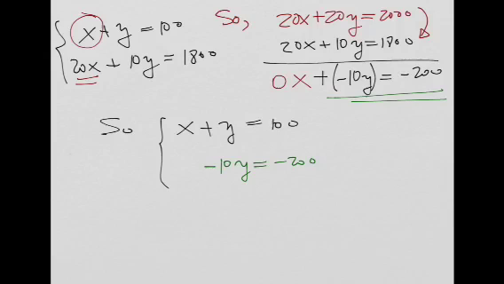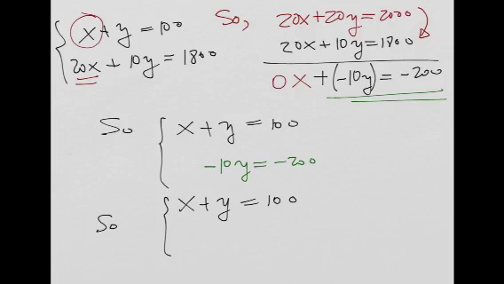And the nice thing about it, because I did these operations, the solutions that I will get with this system of equations are the same as the solutions I get initially, right?